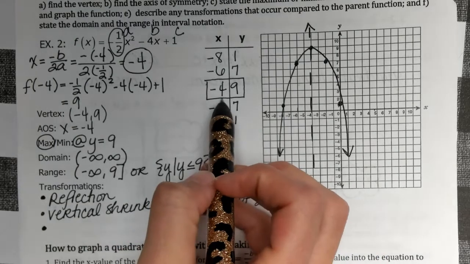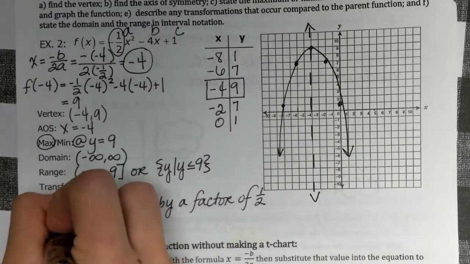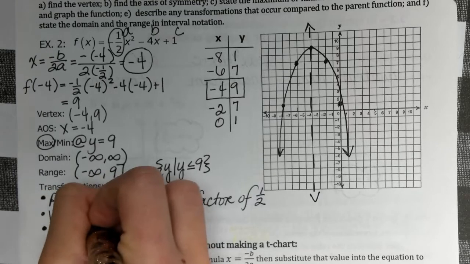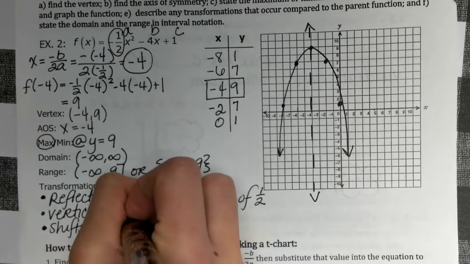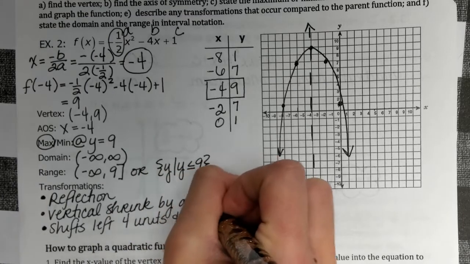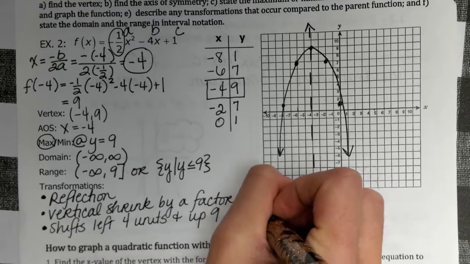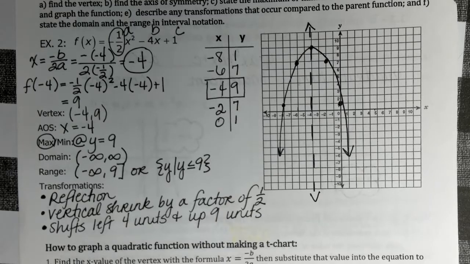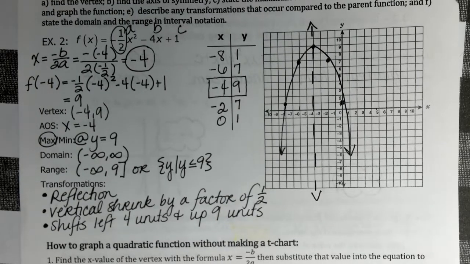And then my vertex tells me it shifts where? Left 4 units and up 9. Very good. Do we have any questions on that section? Okay.